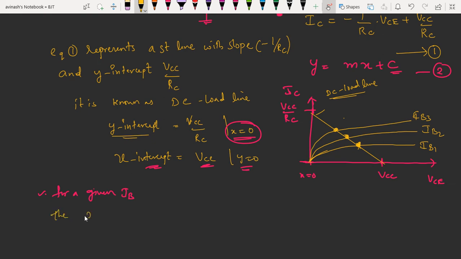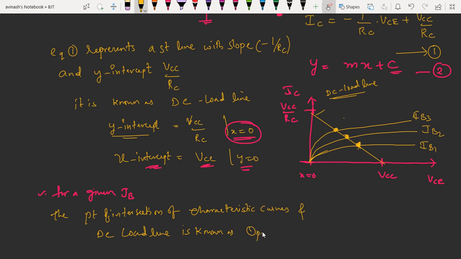The point of intersection of the characteristic curves and the DC load line is known as the operating point, or it is also called the quiescent point.